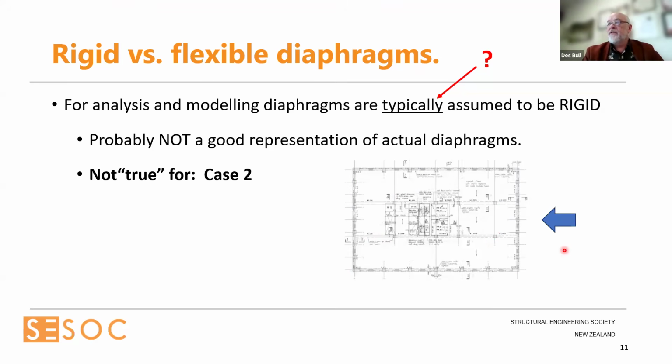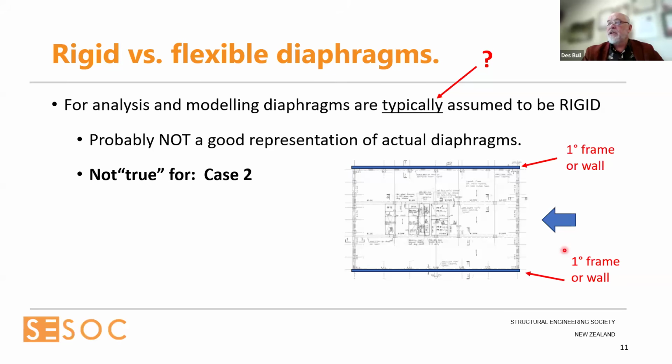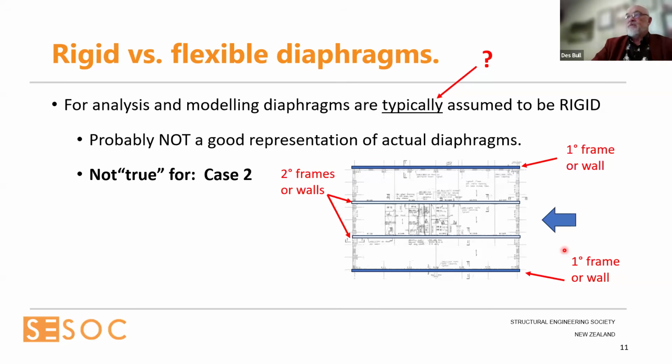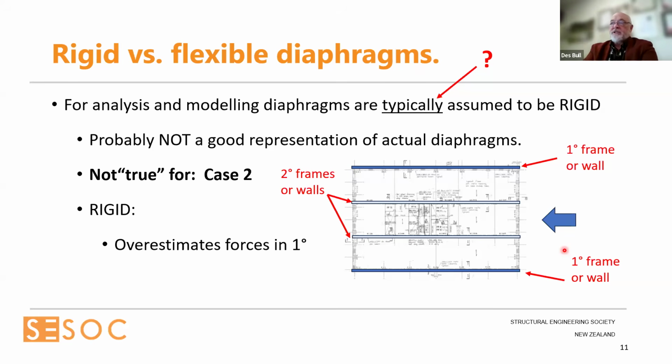Same building, but in the other direction, we've got primary walls or frames on the perimeter. We may have some frames or walls down in the center, secondary frames. And if you had a rigid diaphragm model for working out the forces in the vertical systems in your computer model, what it does is it overestimates the forces which arrive in the primary elements and underestimates the forces arriving in the secondary elements.